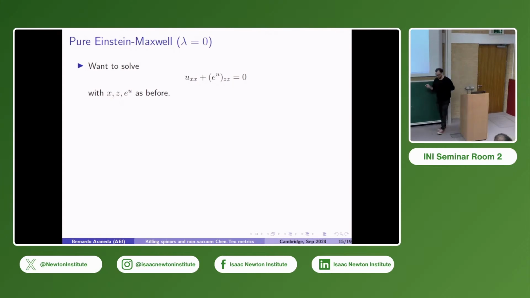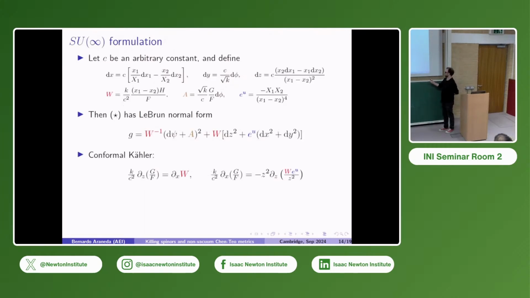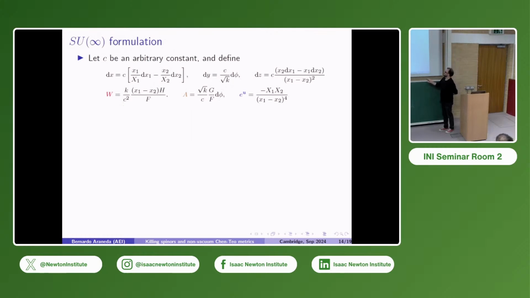But the point is that this equation looks simple in these coordinates, but you are given the Chen-Teo ansatz in those other coordinates, x1, x2, tau, phi, and so on. So this is what this comment here means: x z e to the u as before means this. We don't need to focus on the detail here, but there is some relation between the x z from Toda and the x1, x2 from the Chen-Teo ansatz.